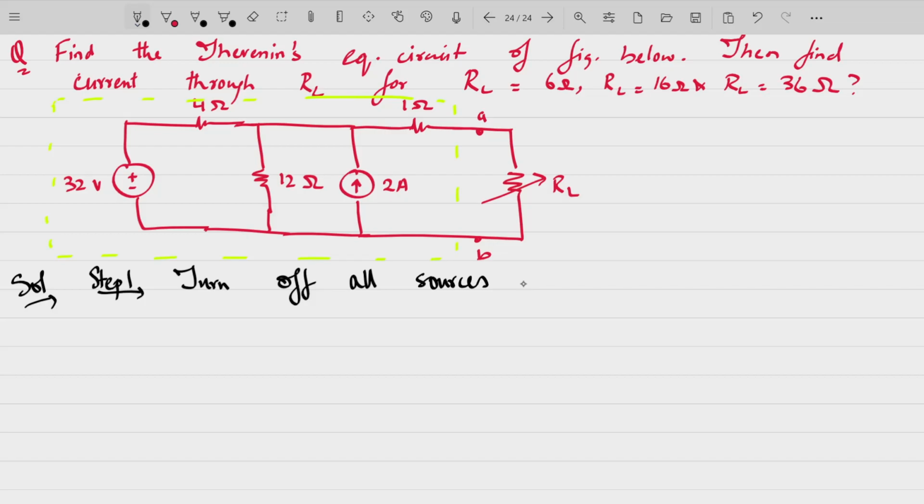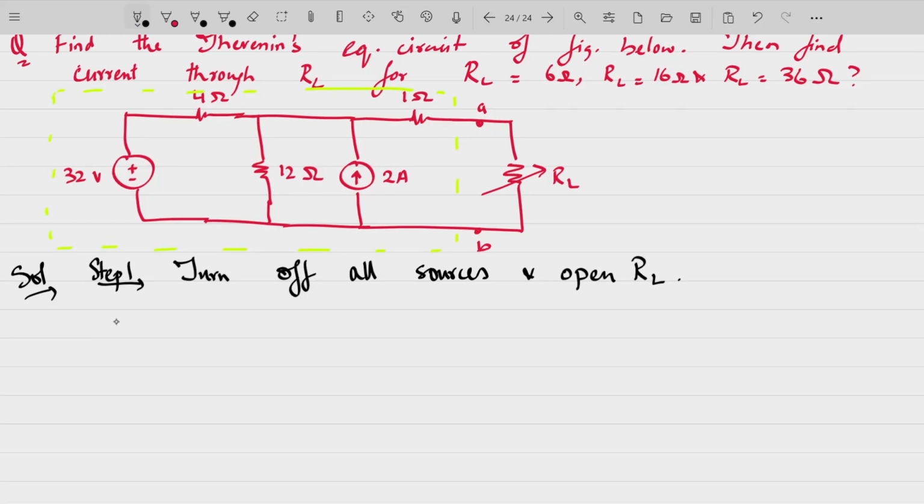Turn off all sources and open RL. So what will our circuit be? 32 volts will be short circuited. We have 4 ohm resistor here. We have 12 ohm resistor here. 2 ampere will be open circuited. We have 1 ohm resistor here.